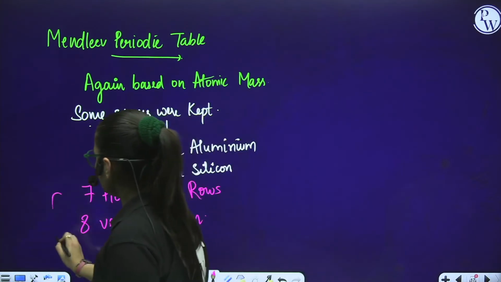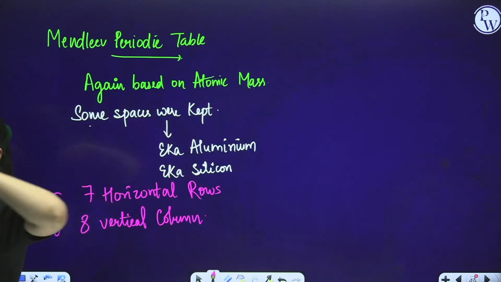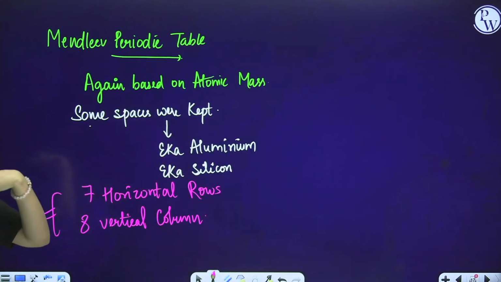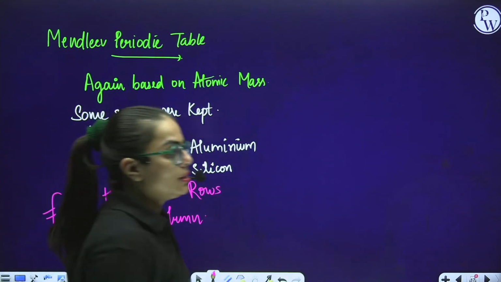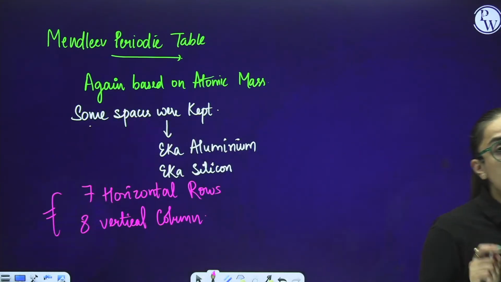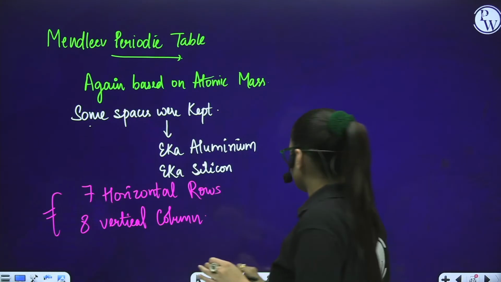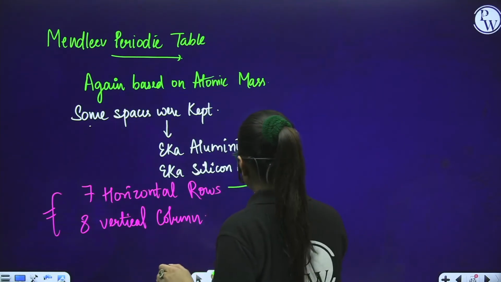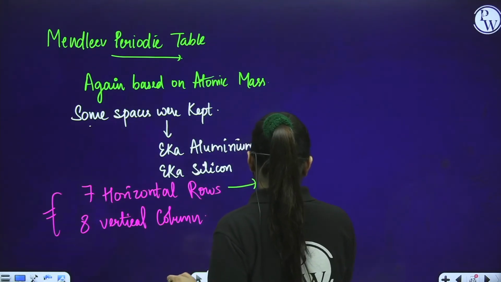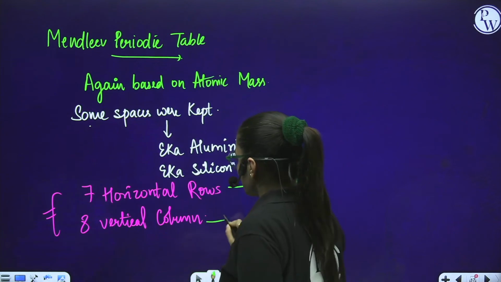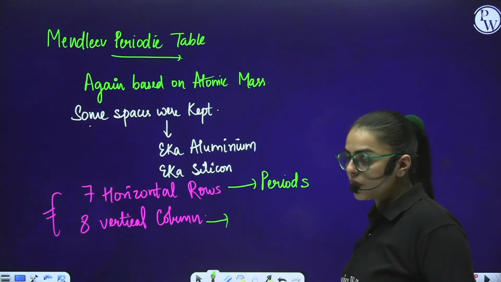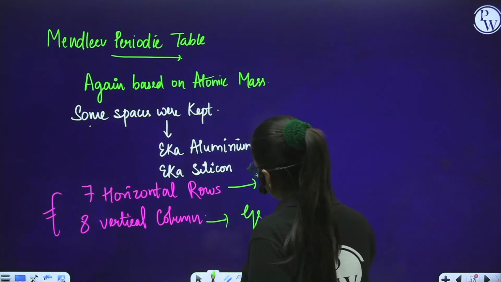Everybody write each and every point about it, though we are going to understand them in depth. But yes, you should know, right? The 7 horizontal rows that I'm talking about are basically the periods. And the 8 vertical columns are basically the groups.